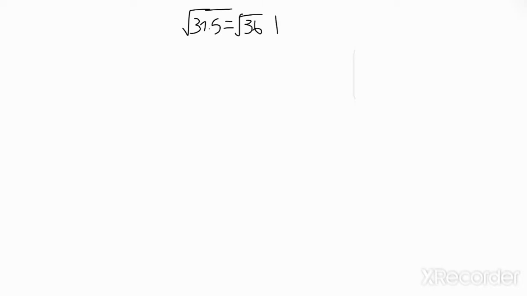And remember, 37.5 minus 36, over 2 times root 36. So root 36 is 6, plus 37.5 minus 36, that's 1.5.